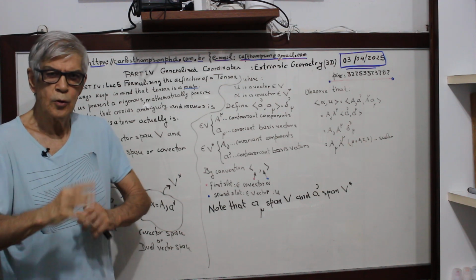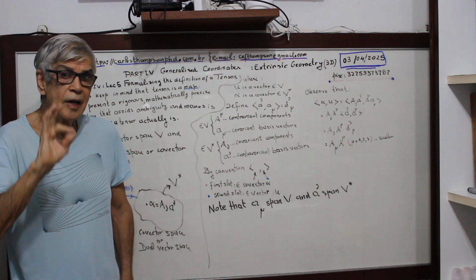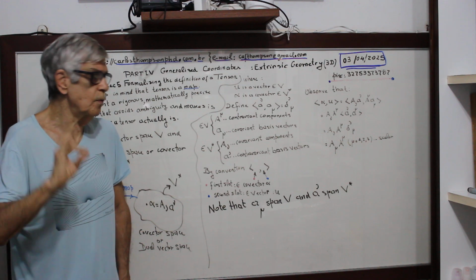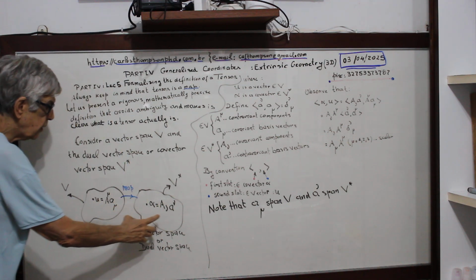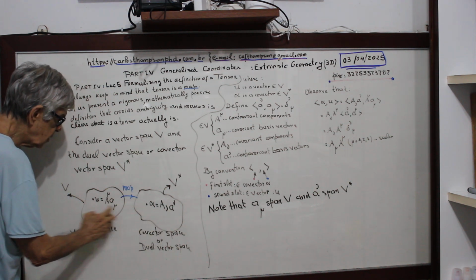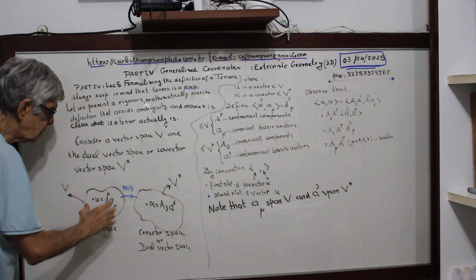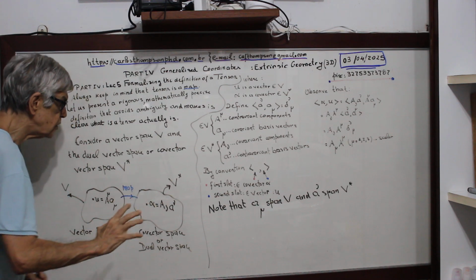Okay, now attention please. You see, here the vector, there are no arrows. You see, no arrows. You see, there's a general idea.